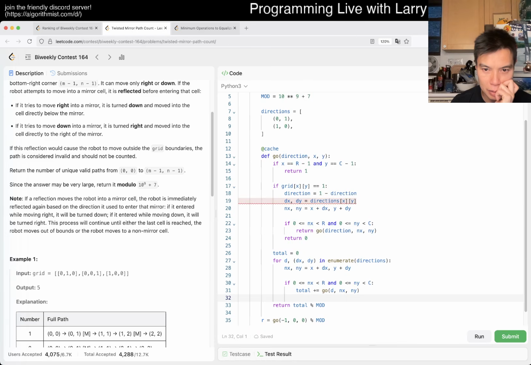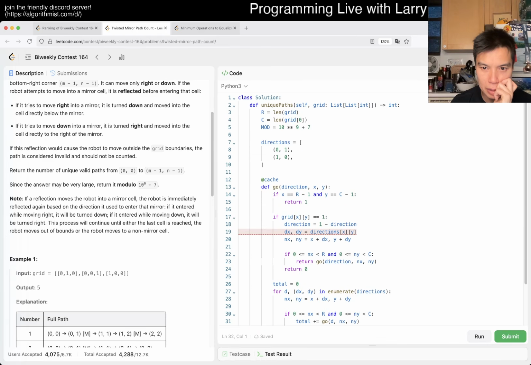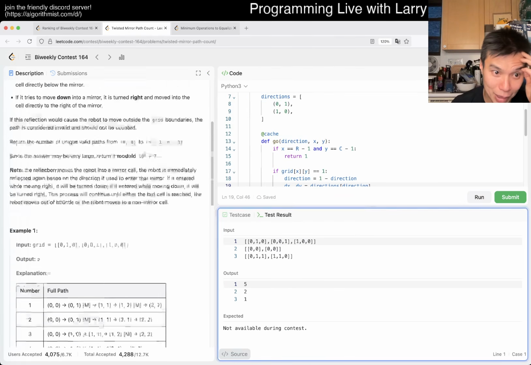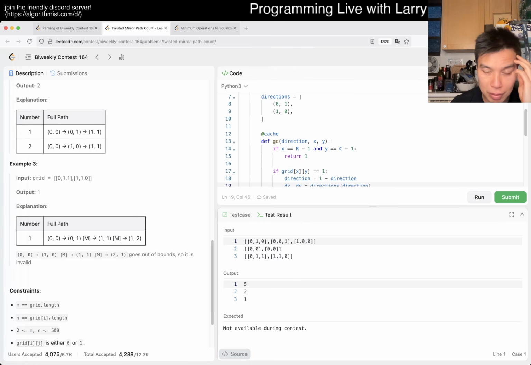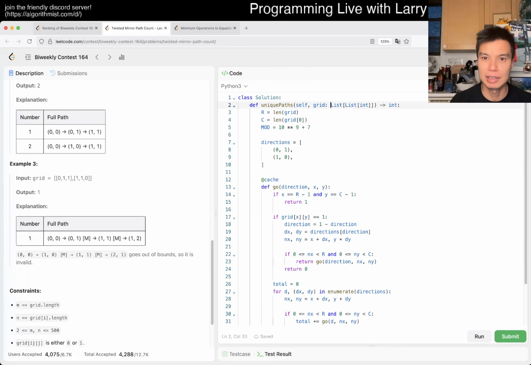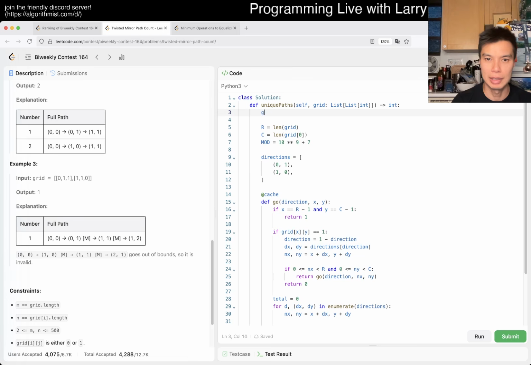Unpackable iterables, directions, what am I doing? That's not even right. I don't know. Sometimes my mind is blank. I mean, this is fast enough, right, for the inputs, but is it actually fast? I don't know. Let's just give it a go. Is it always just 0? I guess so.